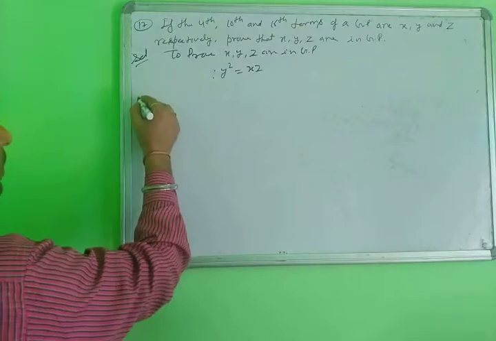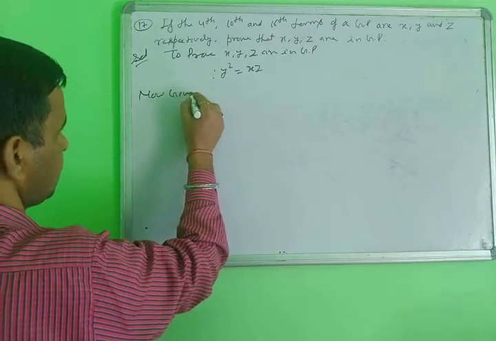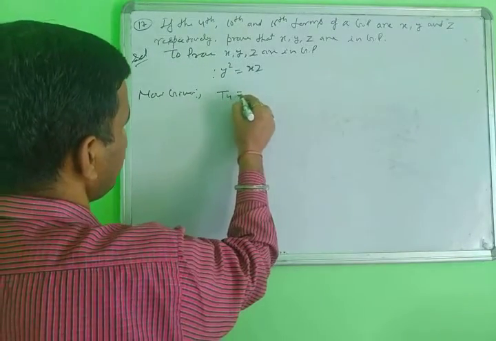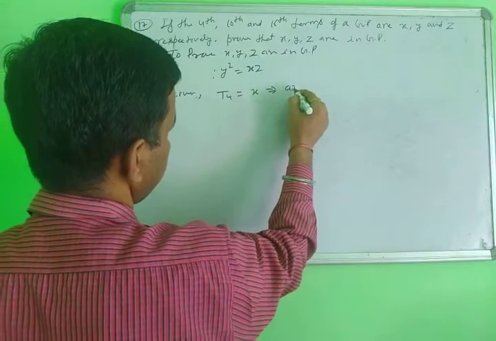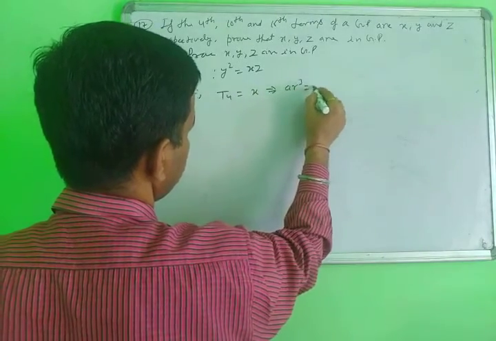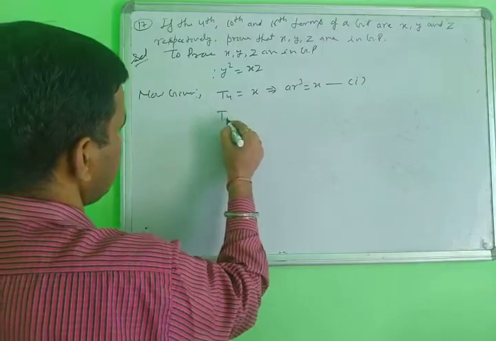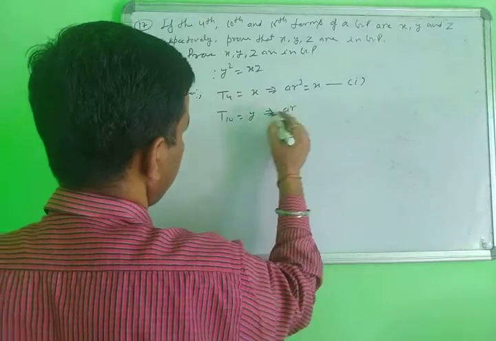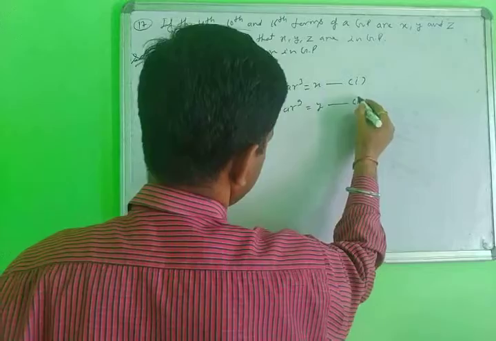Now, what is given here? T4 equal to X means AR3 equals X. This is equation first. Second, T10 equal to Y means AR9 equals Y. This is the second.